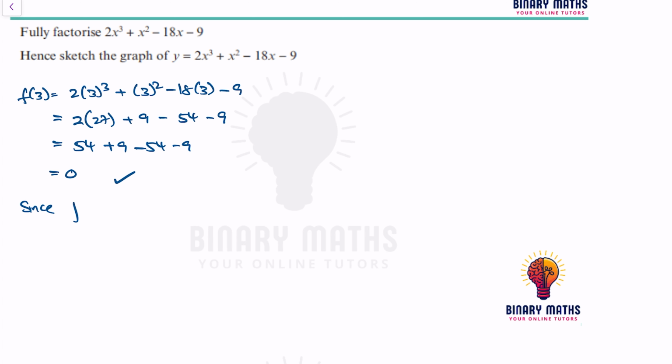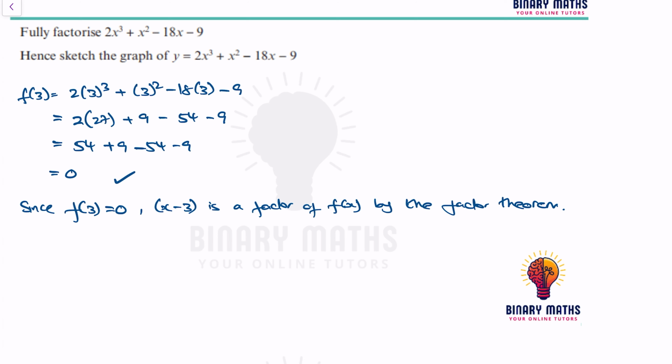If it didn't work, by the way, I'd try a different number. Since f of 3 is equal to 0, x minus 3 is a factor of f of x by the factor theorem.